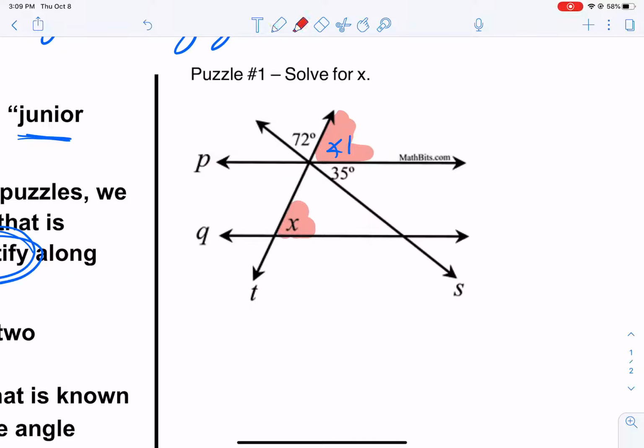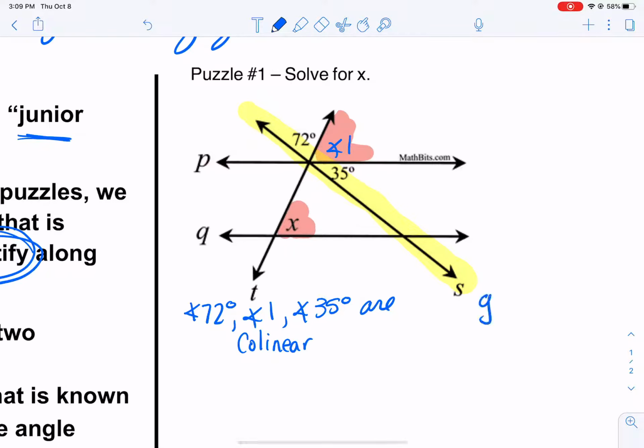So let's start with the idea that this line that I've highlighted is a straight line or a straight angle which equals 180 degrees. That means that angle 72 degrees, angle 1, and angle 35 degrees are collinear.